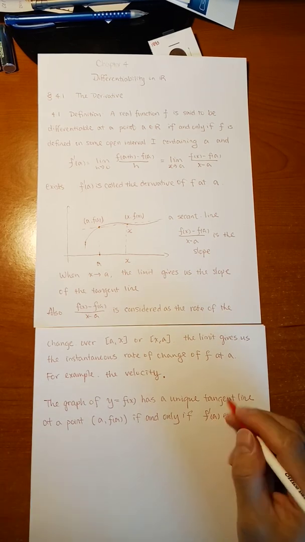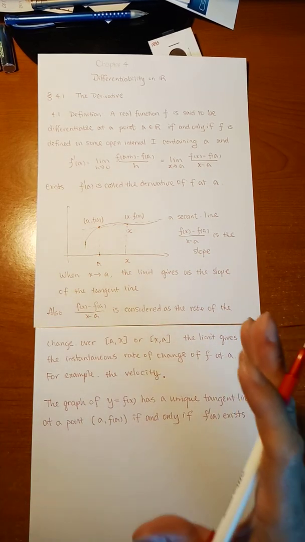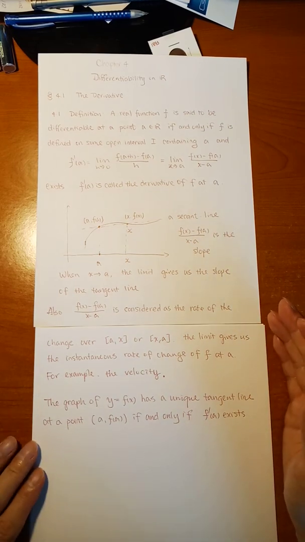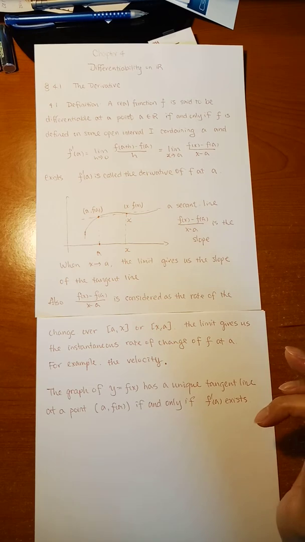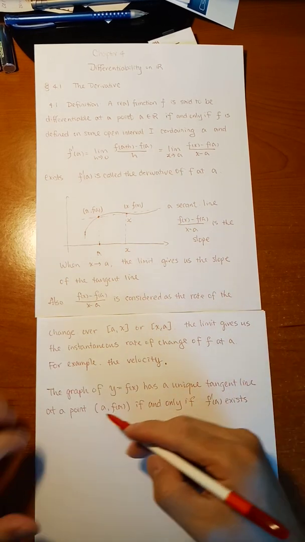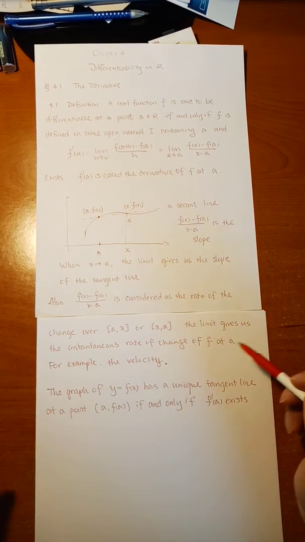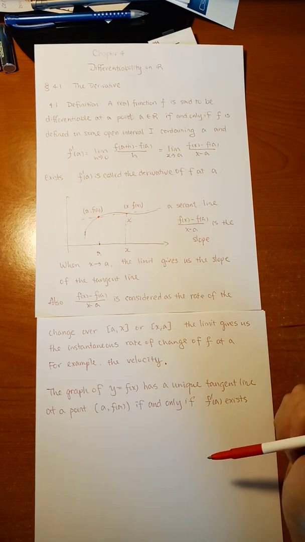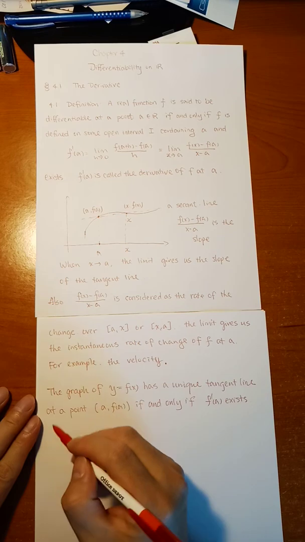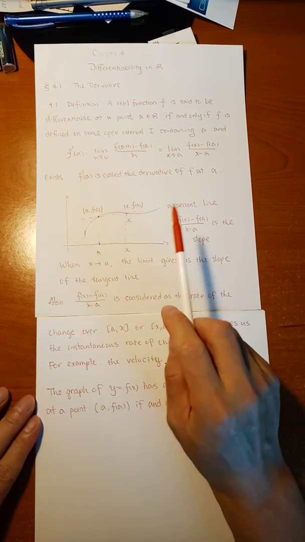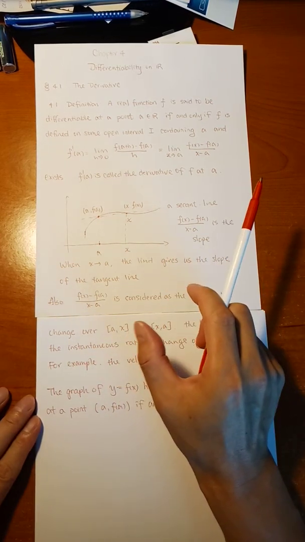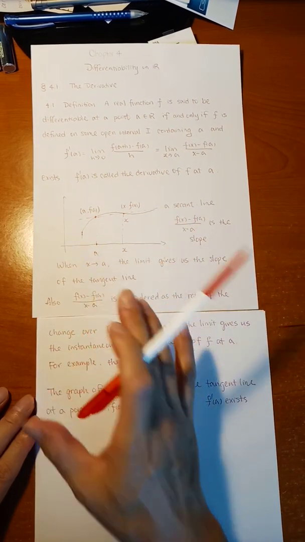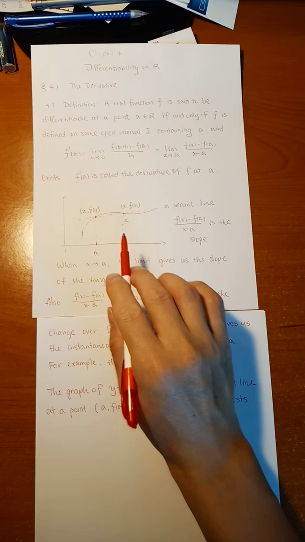Because when f prime of a exists, you have the slope. Without a slope, you cannot get the tangent line. So this is the relation between the tangent line and the derivative. And you see here, this derivative is always defined in terms of an open interval. If you do not have an interval, then there's no way to define the derivative based on the definition.